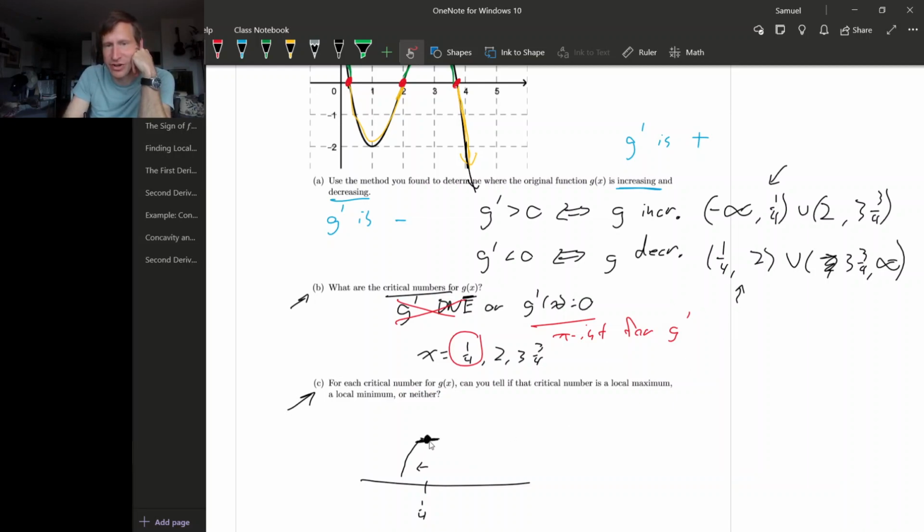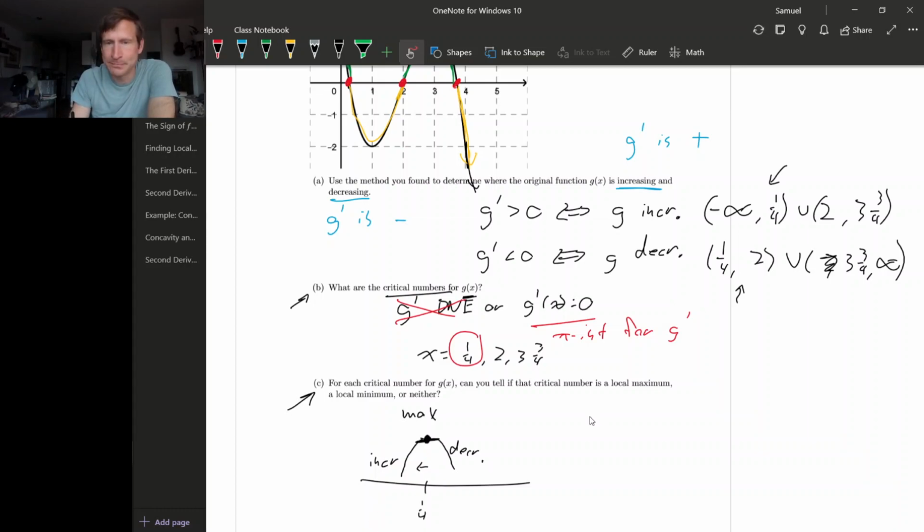So if we start at 1 over 4 and move rightwards, the graph has to go down, like this. So we don't know exactly what g of x looks like near 1 over 4, but it has to be something like this. And is this a local minimum or a local maximum? Well, clearly this is a local maximum because we went from increasing to decreasing.